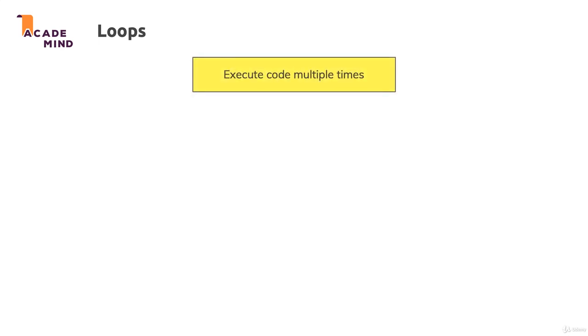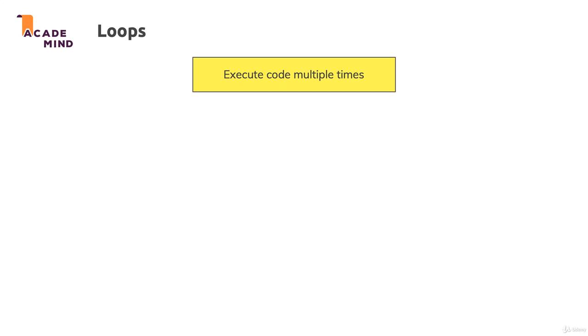In programming, you often have the scenario that you need to execute certain code multiple times. Now, you might think, okay, we have functions for that. We can have reusable code in there. We can call a function multiple times. Sure, but in your code, you have to write every function execution, right? Of course, you can attach a function to an event listener, and then whenever that button, for example, is clicked, the function executes.